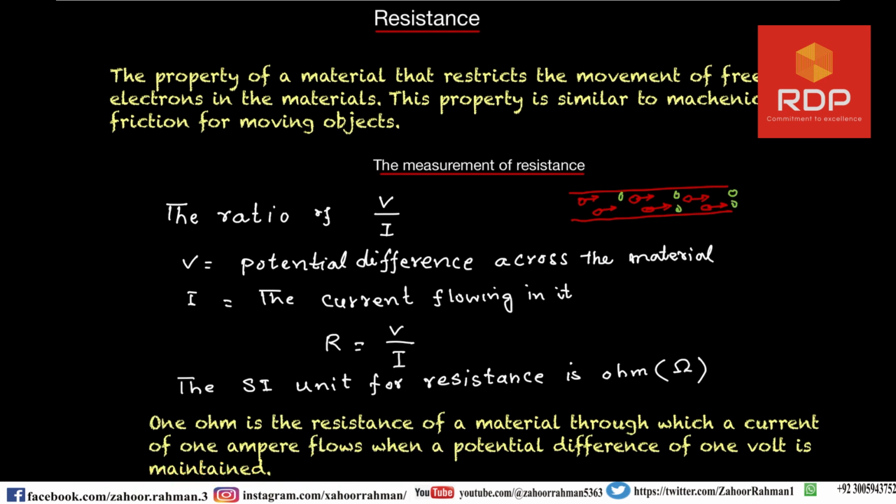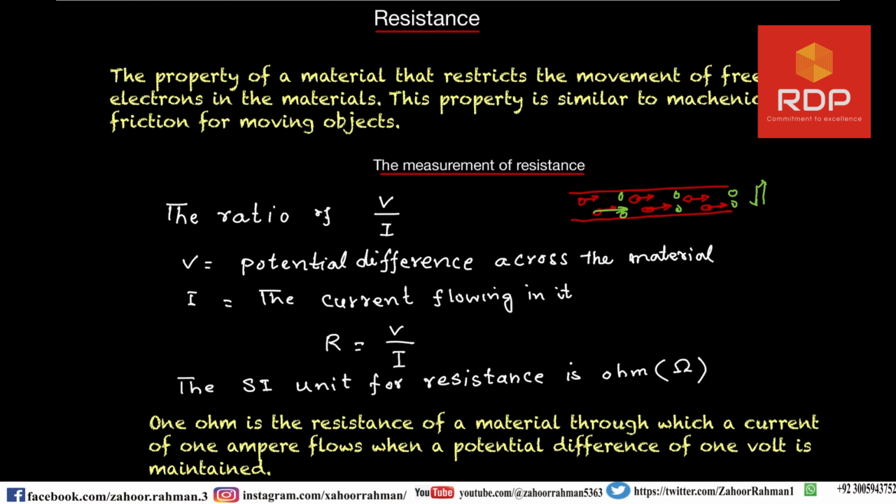These are the lattice atoms which are vibrating like this, up and down. There are situations in which many free electrons pass through these lattice atoms. So in this case, the current will be more.